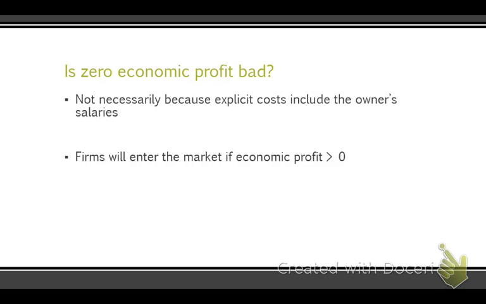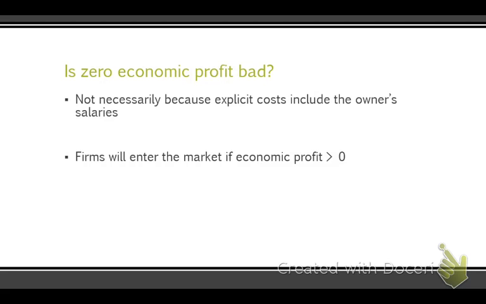You're breaking even. If firms are making positive economic profit, other people will notice and enter that market. If they enter, there's an increased supply, so the price goes down and the profit gets driven back down to zero economic profit.